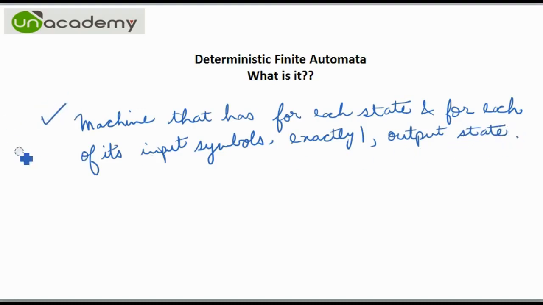That is a DFA in simple words. So let us try some examples to understand what a DFA actually is, and this definition will become clearer then.